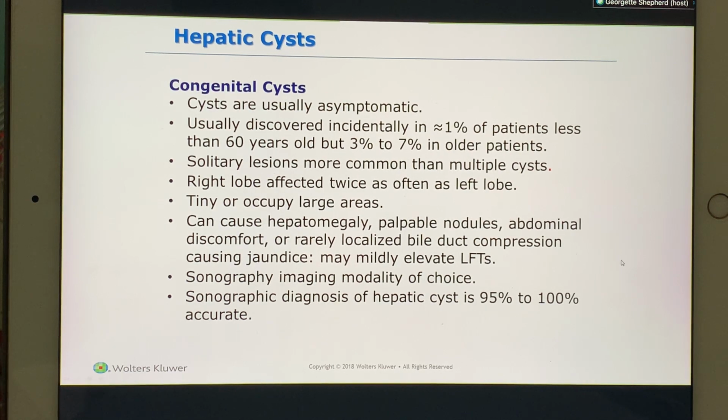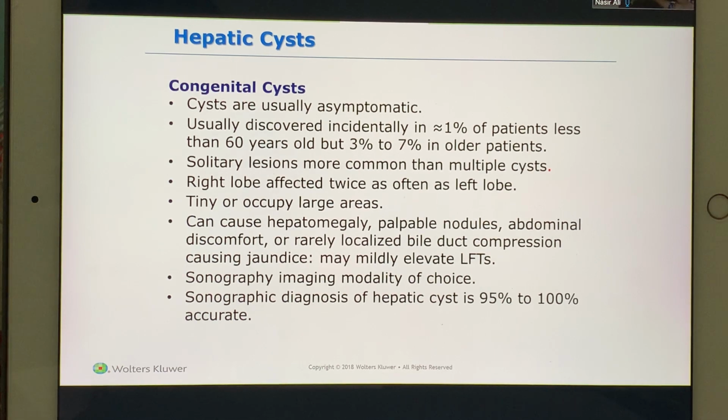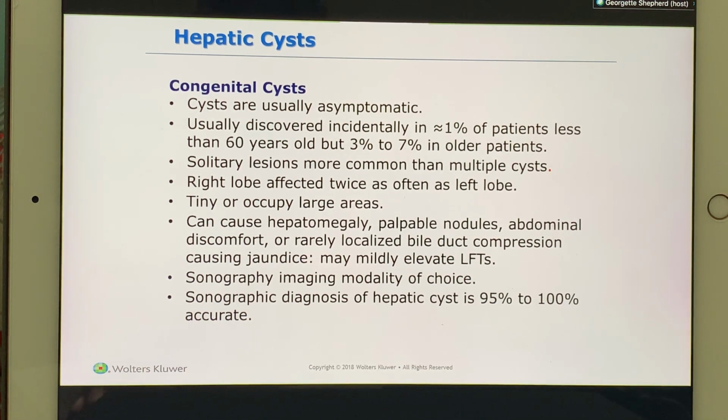Congenital cysts are usually asymptomatic. They're usually discovered incidentally, and we're going to find them more in older patients than in younger patients. They're usually solitary lesions, more common than multiple cysts.